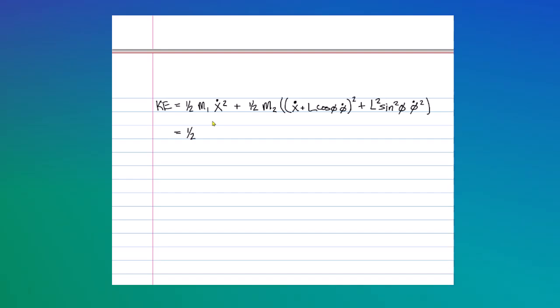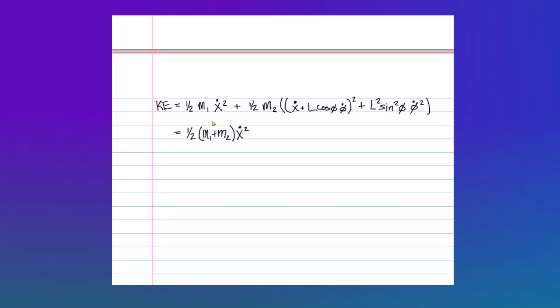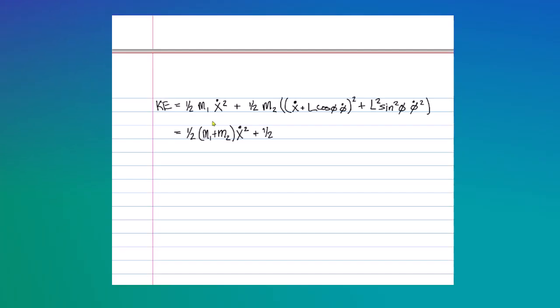With our initial expression, we can start simplifying, and the first step is to take out the x dot squared term from the right term and insert it into the first.